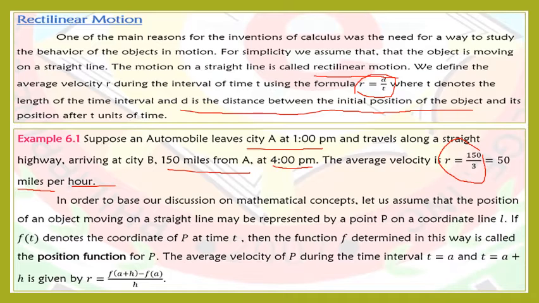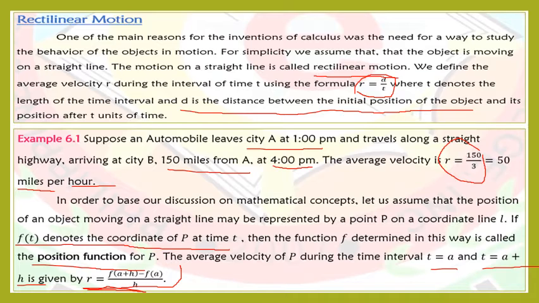So in order to base our discussion on mathematical concepts, let us assume that the position of an object moving on a straight line may be represented by a point P on a coordinate line L. If f of t denotes the coordinate of P at time t, then the function f determined in this way is called the position function for P. Okay, so the average velocity of P during the time interval t equals a to t equals a plus h is given by r equals f of a plus h minus f of a over h.